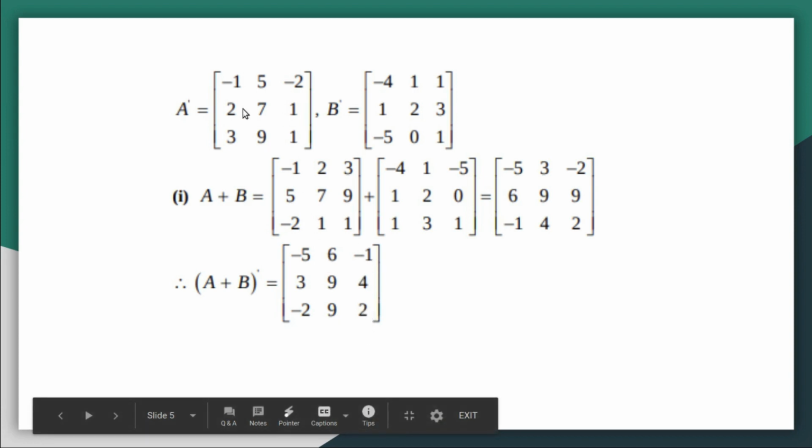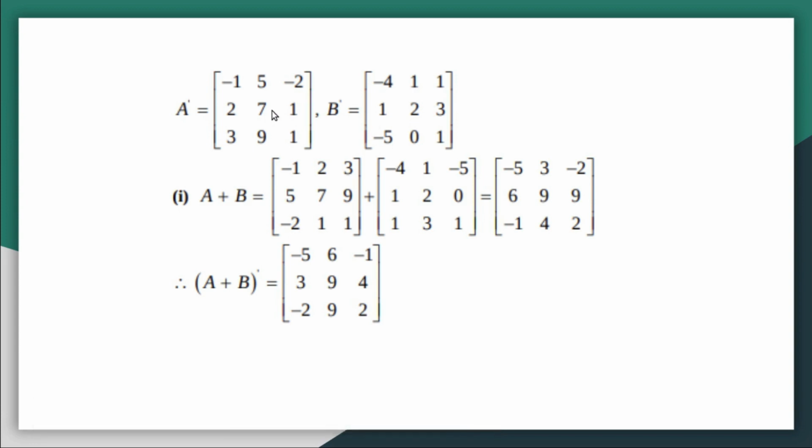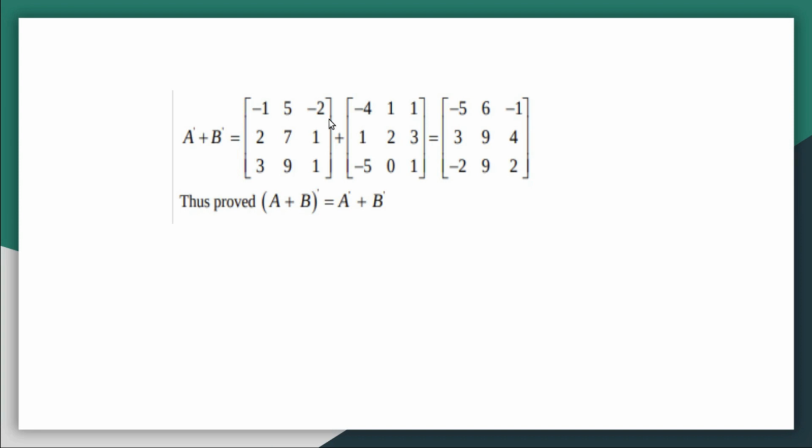Now find A transpose and B transpose, then add these two matrices. A transpose plus B transpose equals: minus 1 plus minus 4 is minus 5, 5 plus 1 is 6, minus 2 plus 1 is minus 1, 2 plus 1 is 3, 7 plus 2 is 9, 1 plus 3 is 4, 3 plus minus 5 is minus 2, 9 plus 0 is 9, 1 plus 1 is 2. This is A transpose plus B transpose.